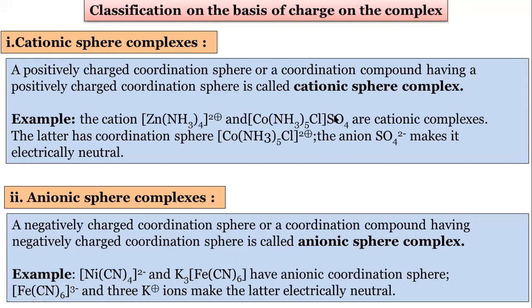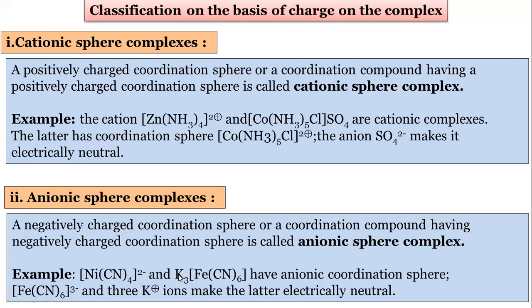Always, the ions on the right hand side of the square bracket are negatively charged, and the ions on the left hand side of the coordination sphere are positively charged. This is a simple idea to identify whether it is positively or negatively charged.